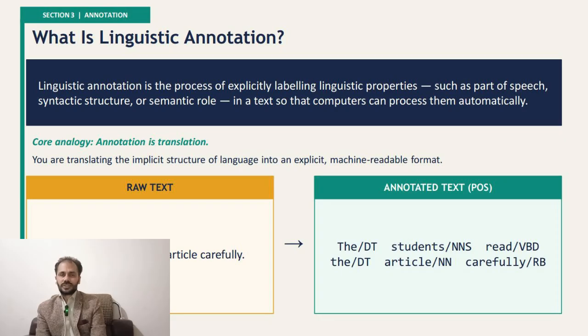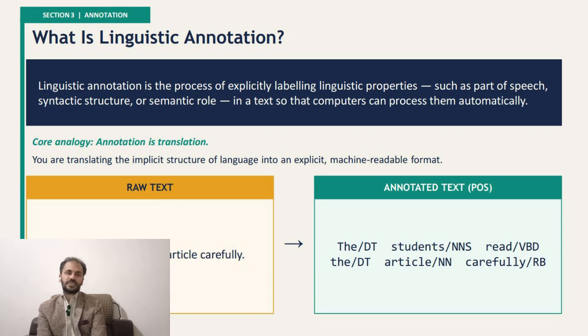All the structure is there in the sentence, but it is invisible to the computer unless we mark it explicitly. Now, what is the annotated version? There are certain different abbreviations and tags developed by the Penn Treebank, and it is widely used everywhere to do POS tagging or sentence parsing.